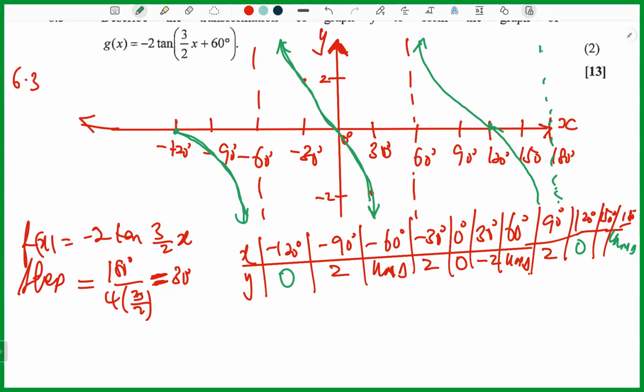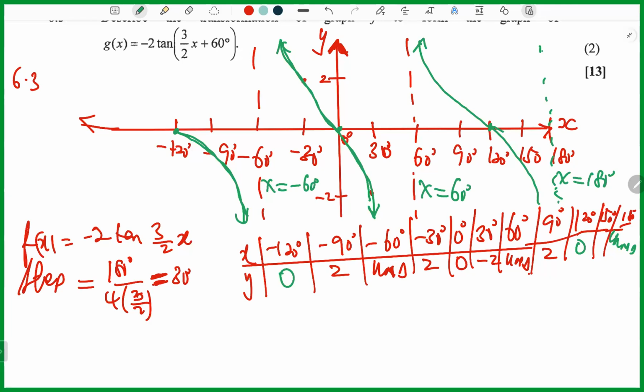Right. So there are many important points here. For example, the asymptote is occurring at x equal to 60. The equation of the asymptote is x equals 180, but it's also x equals minus 60 degrees.